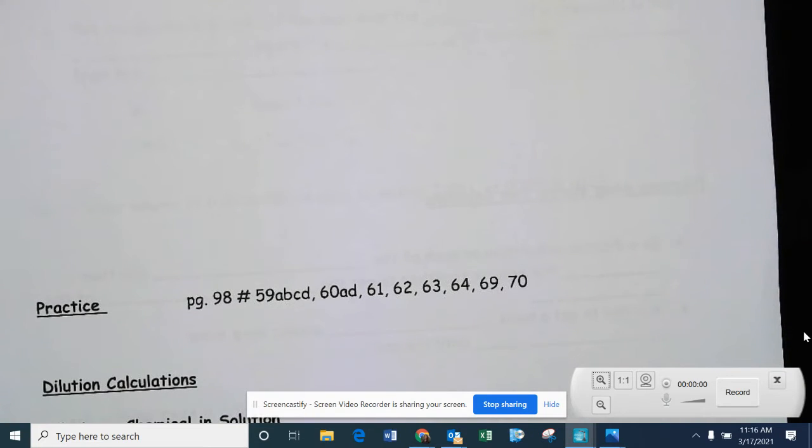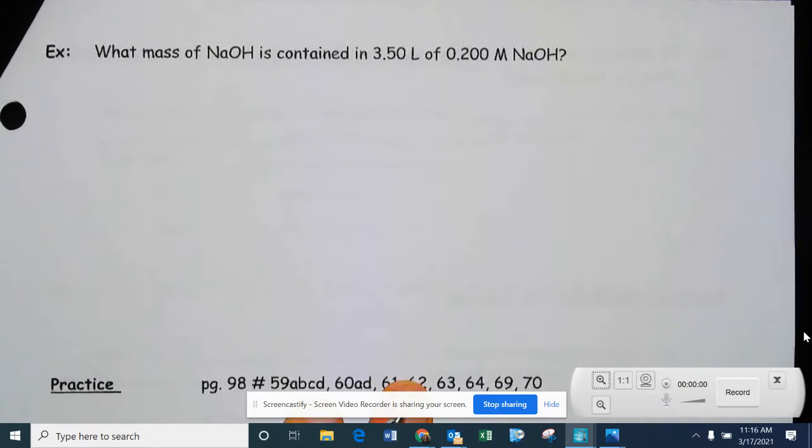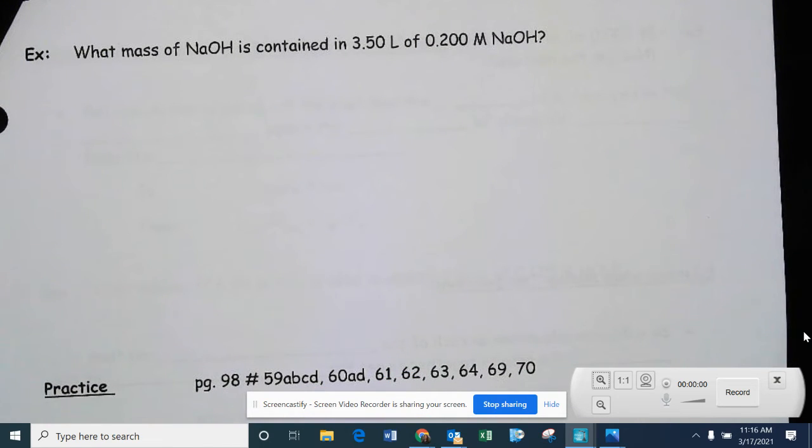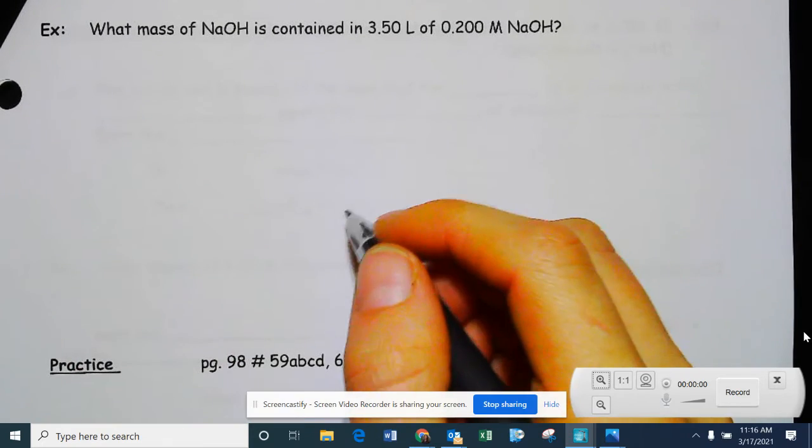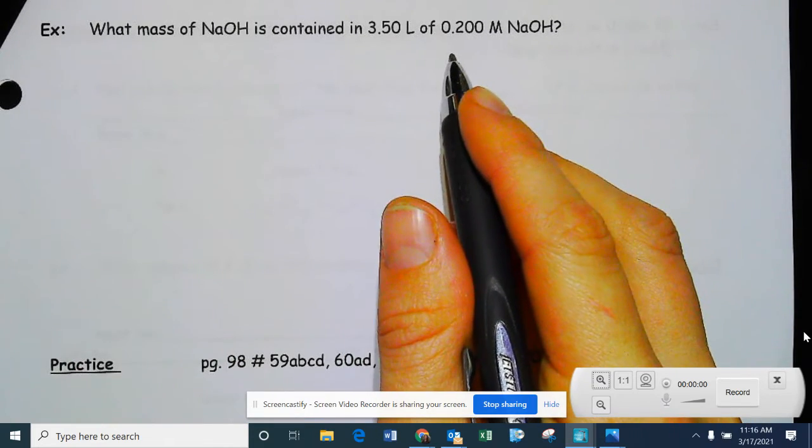Alrighty. We're going to do one more example, and then I'm going to let you all do some practice, and I'm going to show you a demo afterwards. Okay, mass of sodium hydroxide contained in 3.50 liters of 2.2 molar sodium hydroxide.